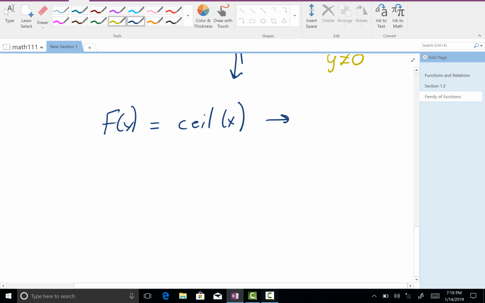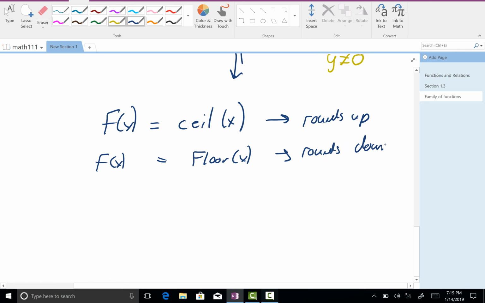Okay, what did ceiling do? Rounds up. Okay, and then we had floor. What did floor do? Good. And then the last one was round, which rounded?